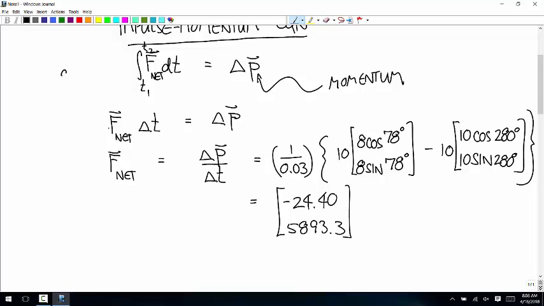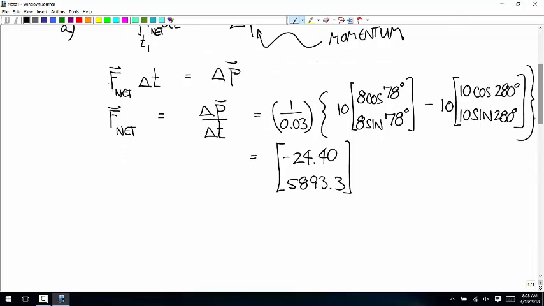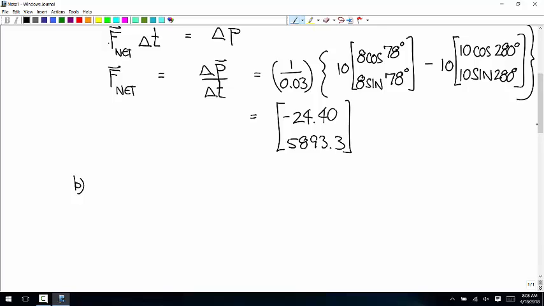So that's part A. And then part B, now we want to separate, this is the net force on average. Now we want to separate out the contact force from the weight force. So a free body diagram of ball while it's in contact. That flat part is the contact with the ground.